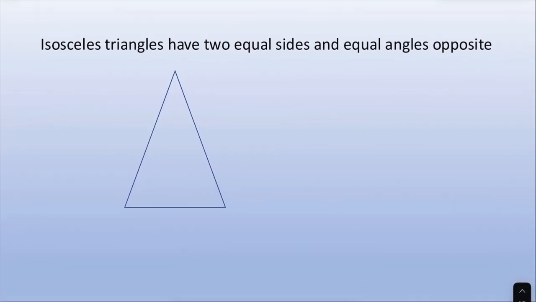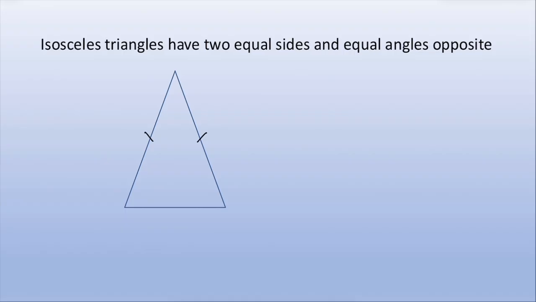Now, another vocabulary that's going to be important that you know is the word isosceles. Isosceles means that it is a triangle with two equal sides and the equal angles that are opposite those sides. So if you'll notice, let's say that these two sides are equal length. That's the way that you would write it in a geometry class.